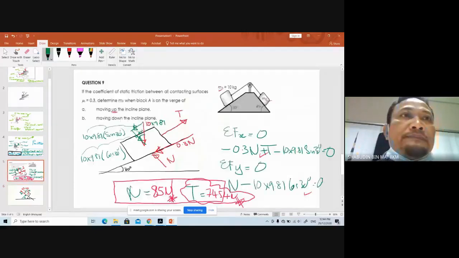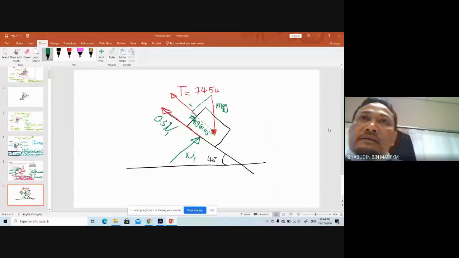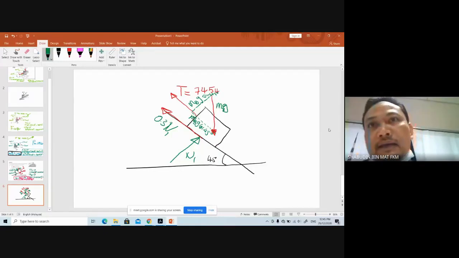The question asks you what is mb. So the components are mb multiplied by g cos 45 and mb multiplied by g sine 45 degrees.